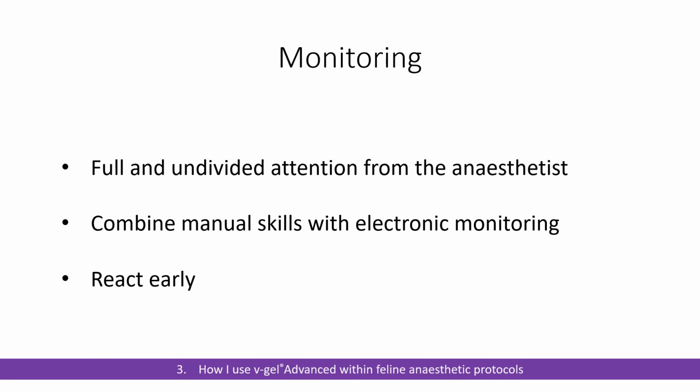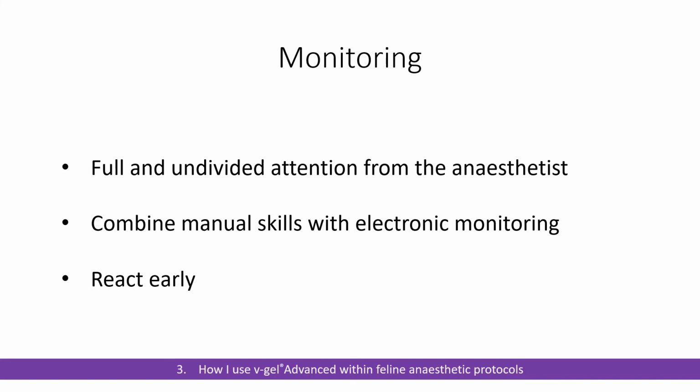When you're thinking about monitoring, these are the three things that I would think about, and I would think about these whatever airway management technique I was using. So number one important thing is full and undivided attention from the anaesthetist. The anaesthetist should, in the ideal world, be anaesthetising and nothing else. You should be thinking about combining both manual skills and electronic monitoring.